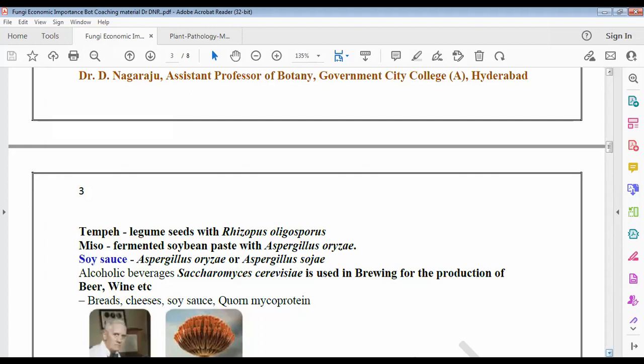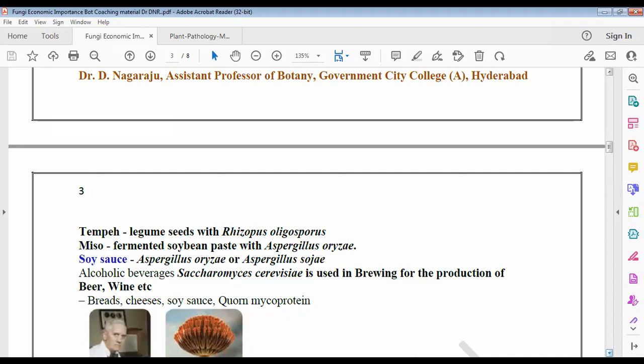You know the many fermented food products, not only beer, brandy, whisky and bread, but many other food products. You know tempeh, which is a fermented food of legume seeds.